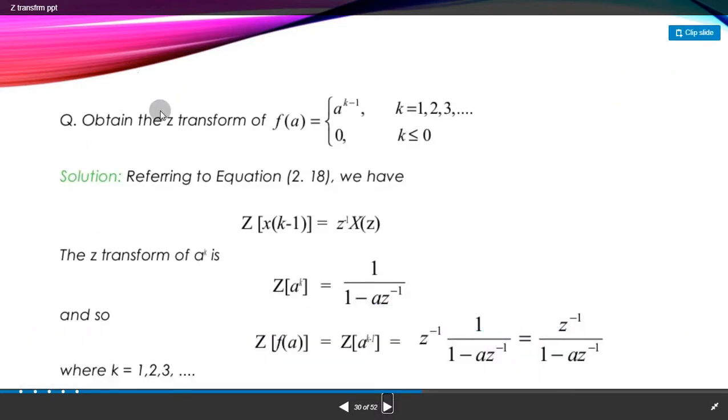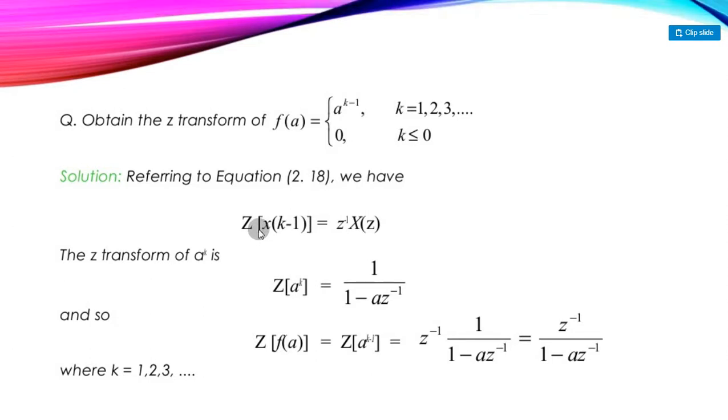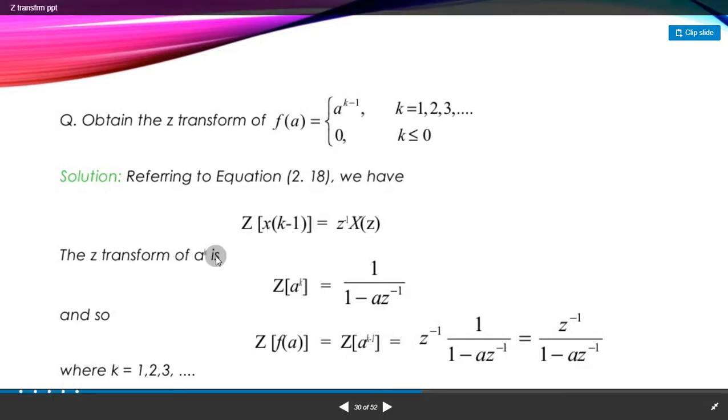Now another example: obtain the z transform of a function x(k) equal to a to the power k minus 1, for k greater than or equal to 1, and 0 otherwise. Referring to equations 2 and 8.18, we have the z transform of x(k − 1) equal to z to the power minus 1 times X(z). The z transform of a to the power k is 1 by 1 minus a z to the power minus 1.